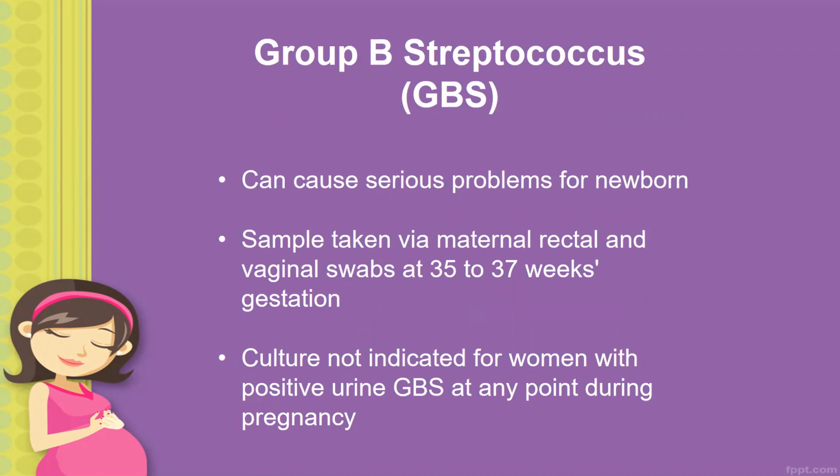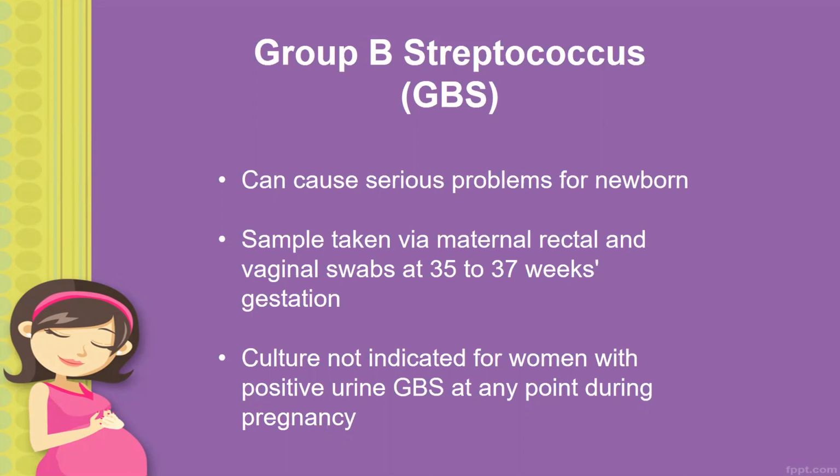Okay, Group B strep can cause lots of problems for the newborn. Moms that carry it usually are not symptomatic. If the mom is positive for Group B strep, then antibiotics are normally given to her during labor as prophylactic therapy.